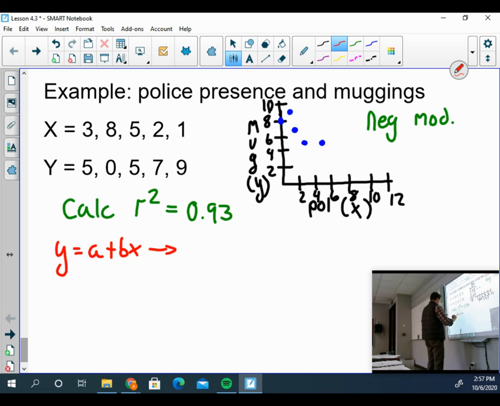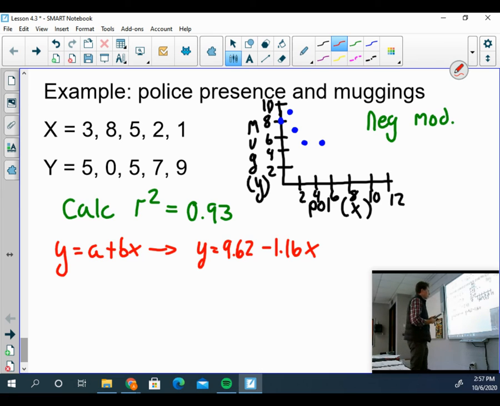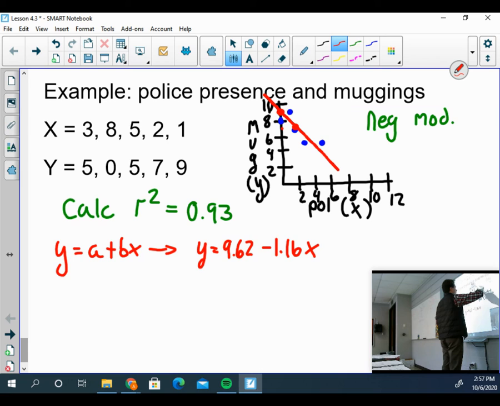And in our data on our screen, we can see that y equals 9.62 minus 1.16x. And you could calculate the means and plug those in. But basically here, we're going up to 9.5, and we're going down 1 over 1. So my trend line is going to run right through here.